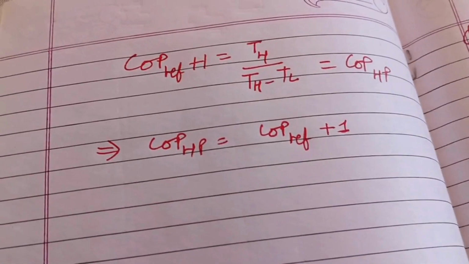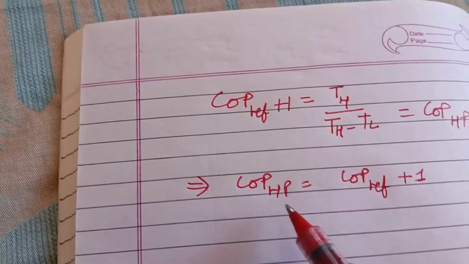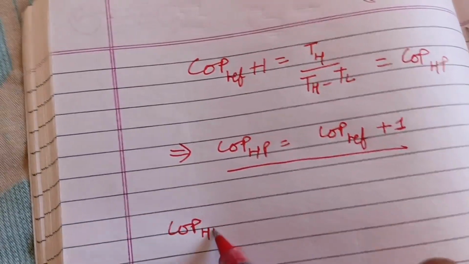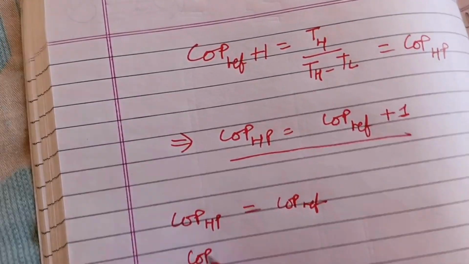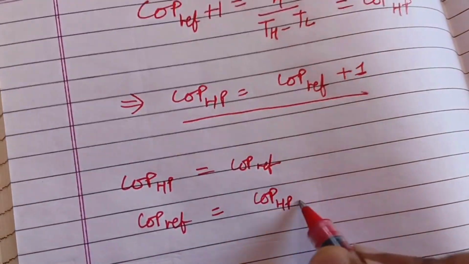We can further simplify. In the exams you are often asked, the options would be given, one option would be straight away that COP of heat pump is equal to COP of refrigerator, or COP of refrigerator is equal to COP of heat pump plus 1.